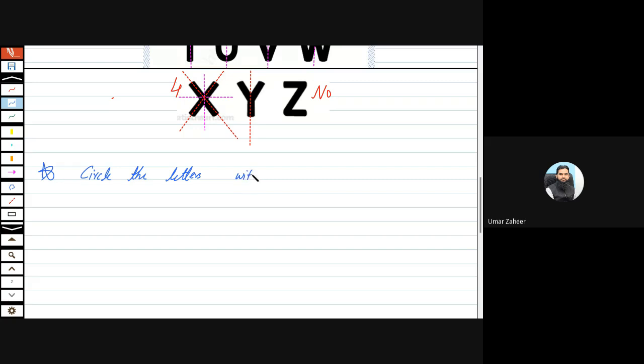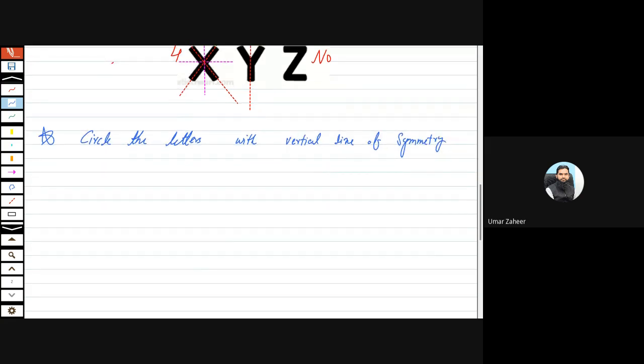Circle the letters with a vertical line of symmetry. The word is written as ambulance.